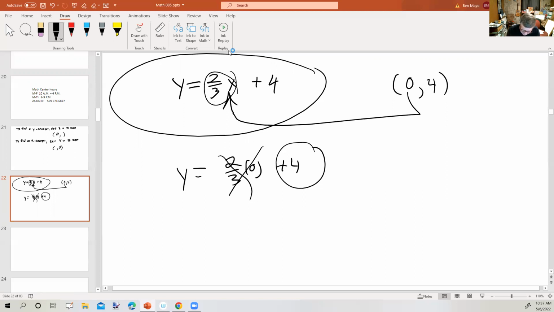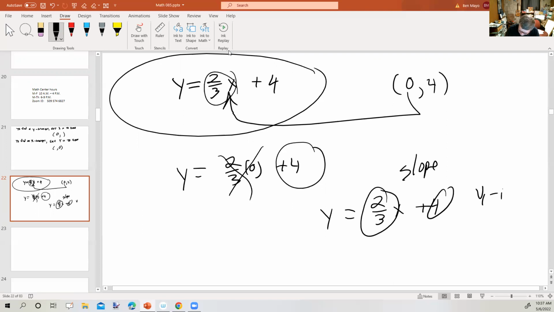What this tells me is when an equation is in this form, this is the slope, the 2/3, and this is the y-intercept at (0, 4). Now, we've talked again about that the letter m stands for the slope.